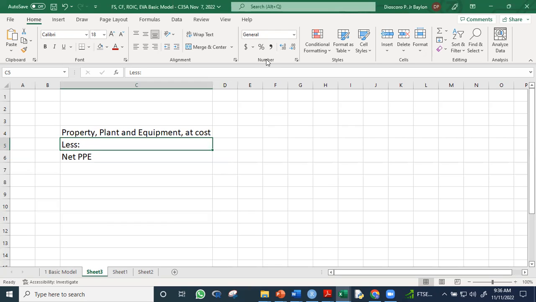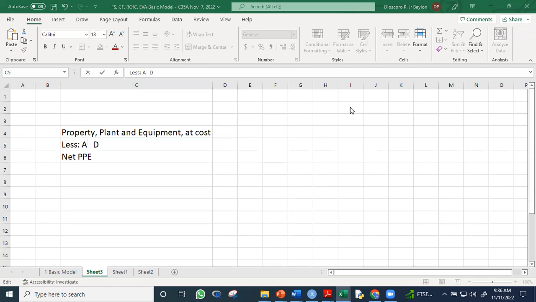So what's deducted, class? If you recall from your accounting, less what? I'll give you a clue here. That's the clue. What's this, class?